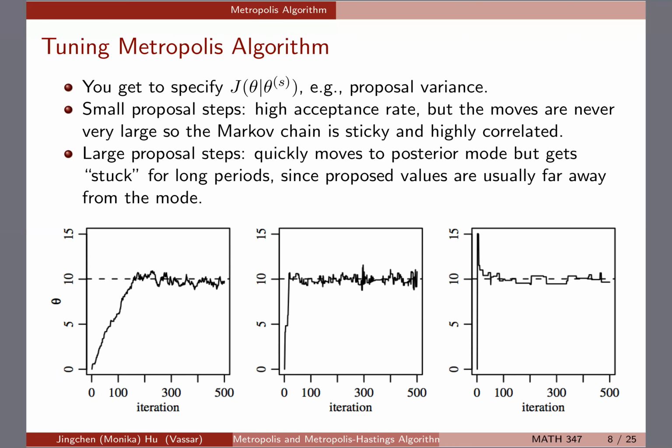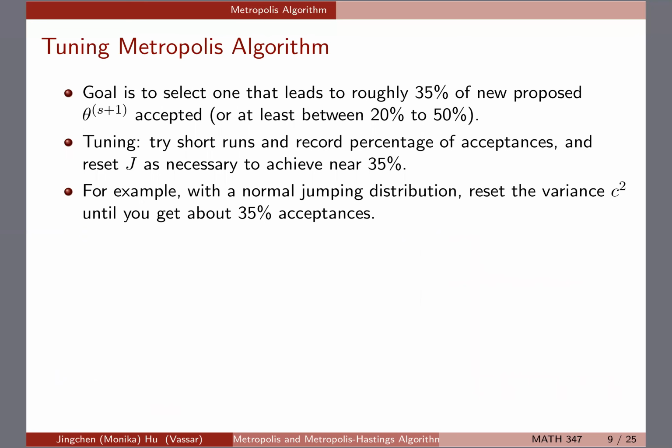So choosing C is trial and error, and the general rule of thumb is for any Metropolis algorithm that you're running, you should try to achieve a 35%-ish acceptance rate. The only thing that changes is the C, if you're using the normal proposal or jumping distribution.